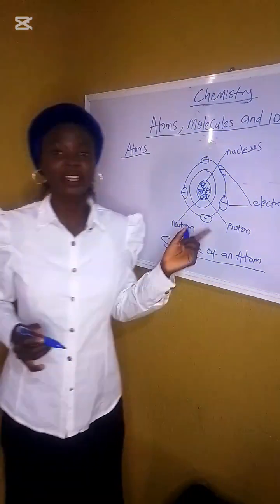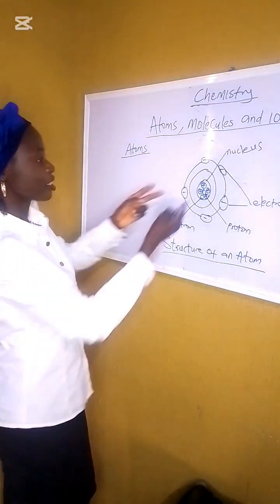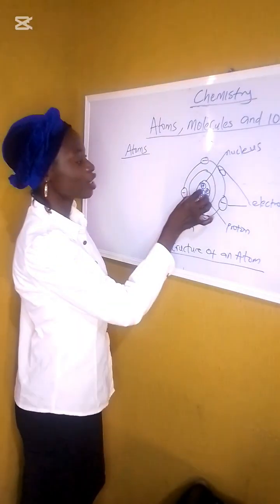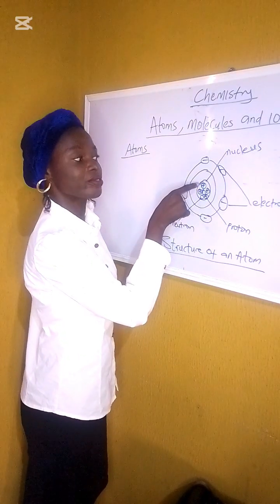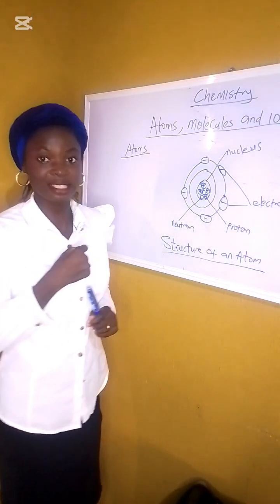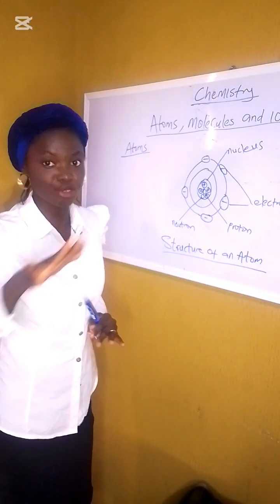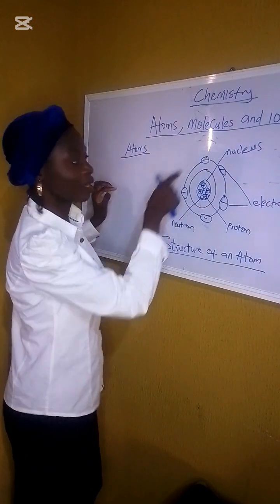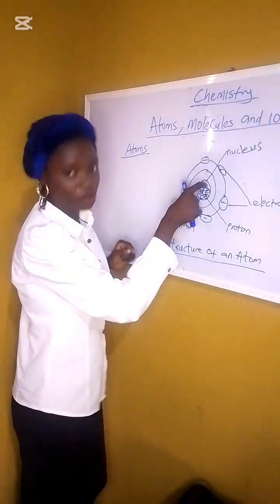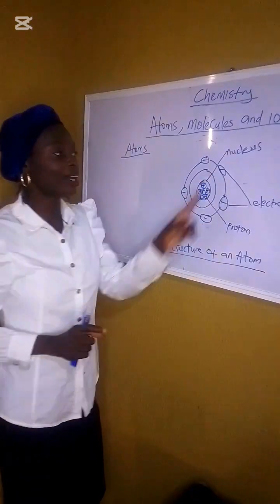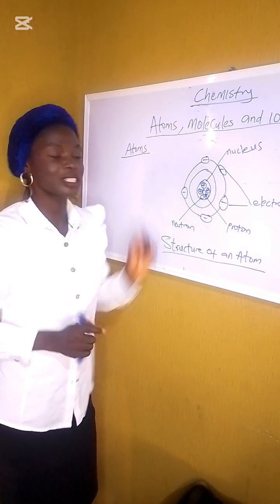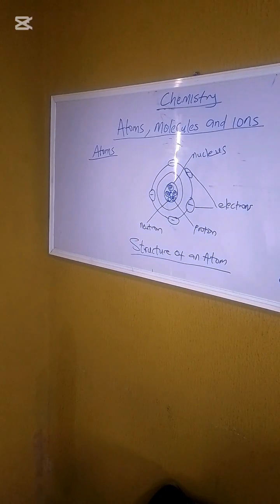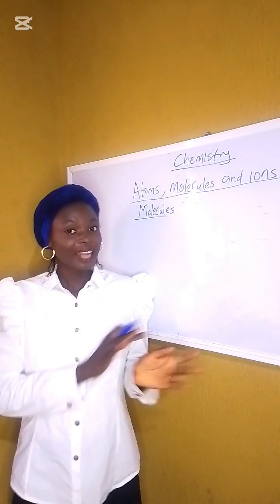Yes, this is the structure of an atom. You can see here, this is the nucleus, the innermost part of an atom, and inside the nucleus there is proton that is positively charged, and there is neutron that is neutral, not negatively charged but neutral. And these are the electrons that surround the nucleus. The electrons are negatively charged, that's why you are seeing the negative symbols there. That is that about atoms.